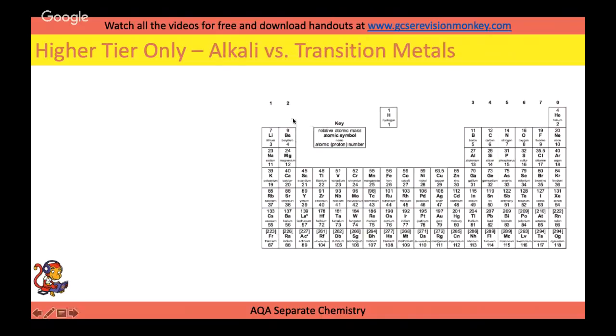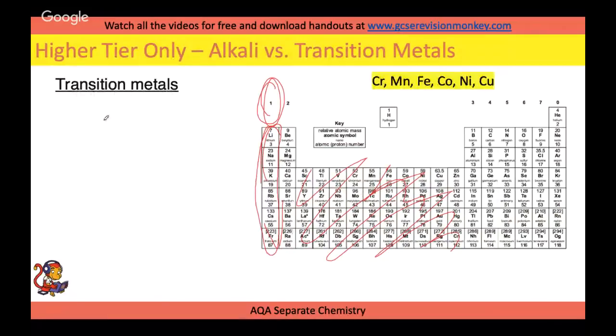Alkalis versus transition metals. Alkali is group 1. These are the transition metals. So these are quite soft metals, and are highly reactive, okay? Whereas these ones are our everyday metals that have quite a lot of everyday uses. Transition metals are the ones that they might talk about in the exam: chromium, manganese, iron, cobalt, nickel, copper.